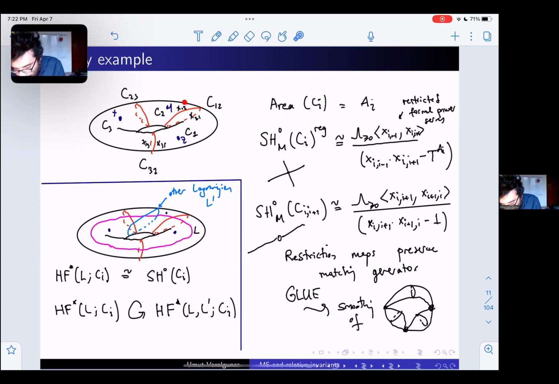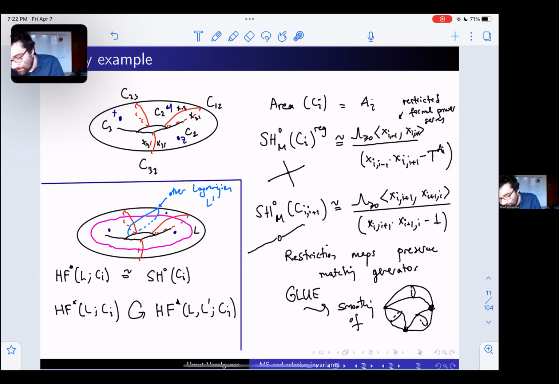So the generator I put right outside, and this generator I put right outside. And so it's generated by those, meaning that I have this restricted formal power series ring generated by these two variables. So I allow infinite series, but the exponents of the coefficients have to go to infinity.